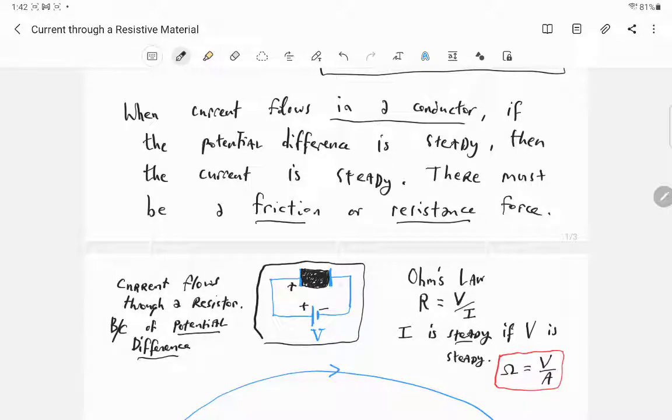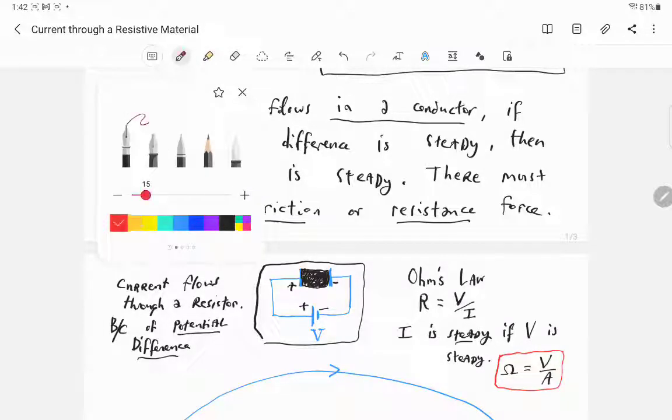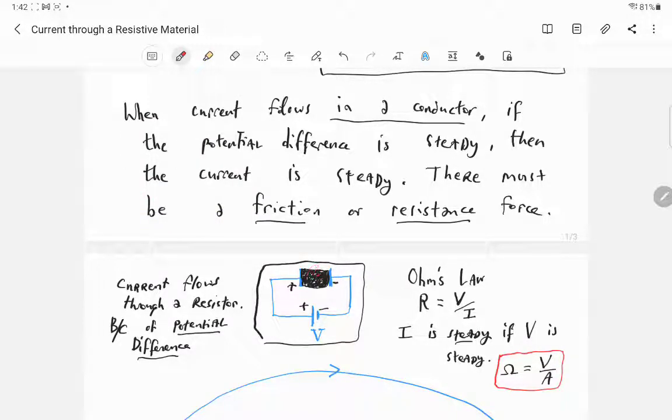The low potential side has the negative electric charge. And so in this black material, there is going to be an electric field, and it's going to point from the high potential or positively charged side towards the negative side.